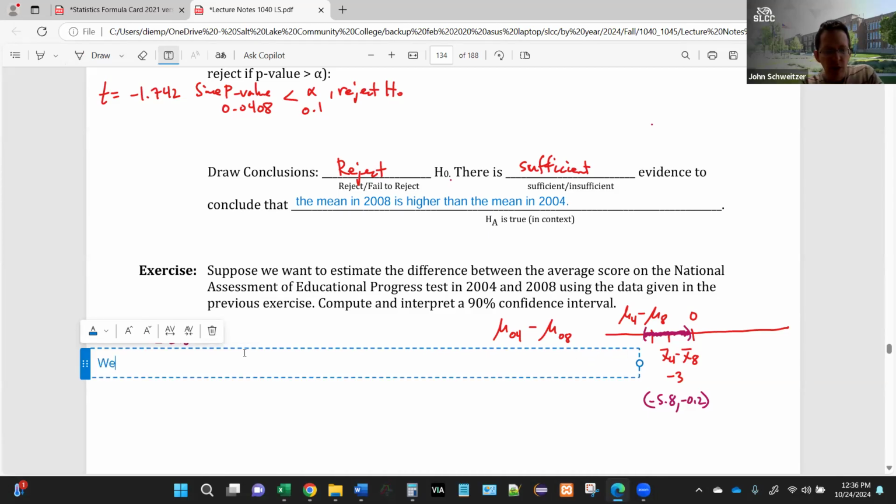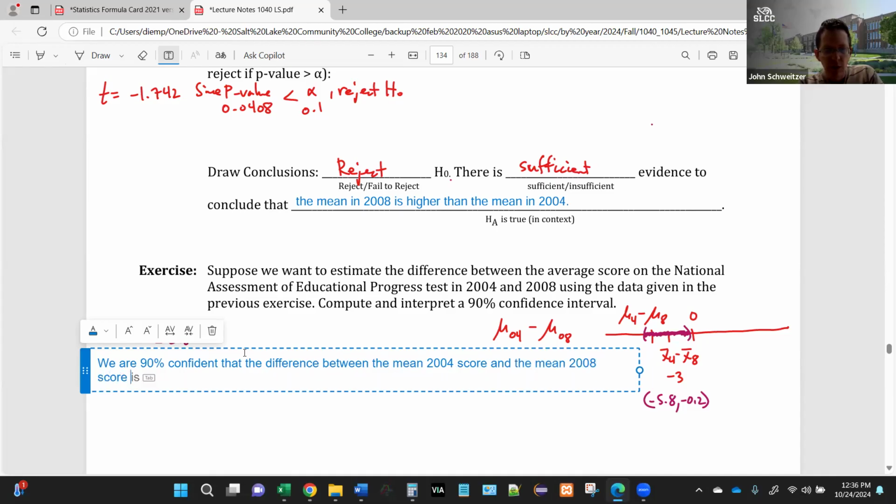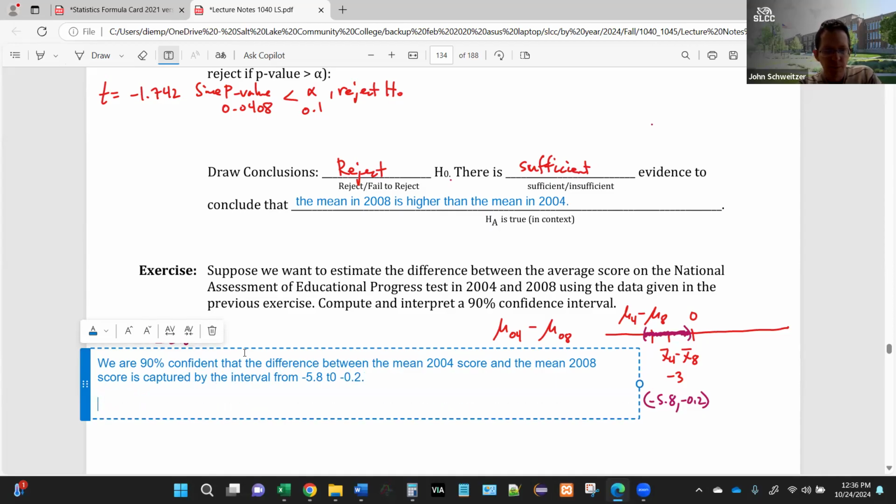We are 90% confident that the difference between the mean 2004 score and the mean 2008 score is captured by the interval from negative 5.8 to negative 0.2. So you say that, it's perfect. Everything's great.